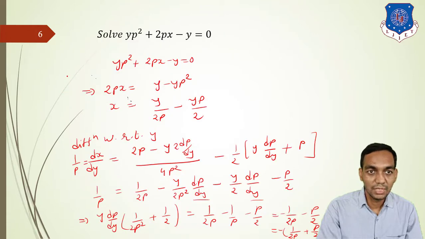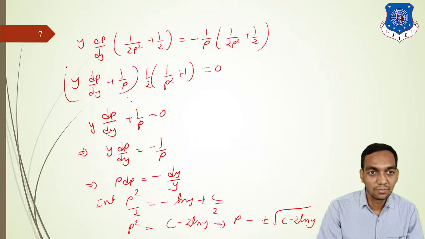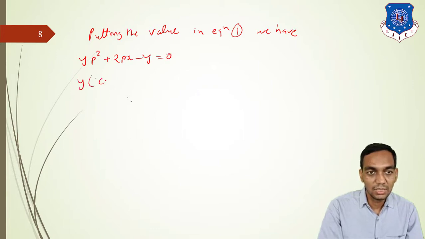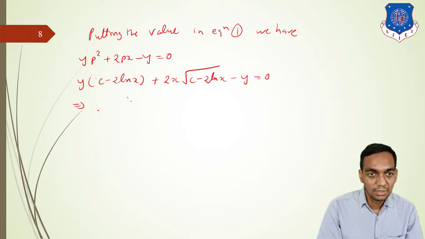First we are going to write the equation y into p square plus 2px minus y is equal to 0. So y into p square is c minus 2 log x plus 2x into under root of c minus 2 log x, and that's why you have, this is the solution.